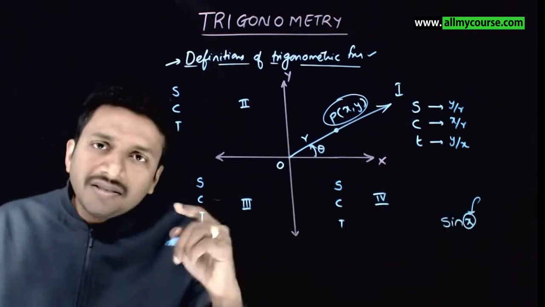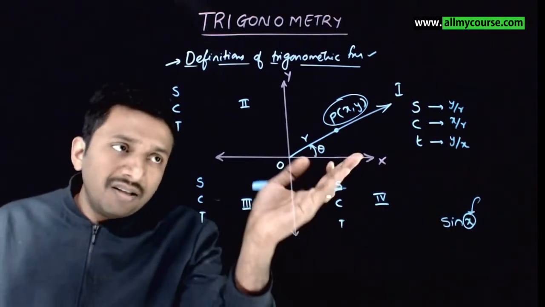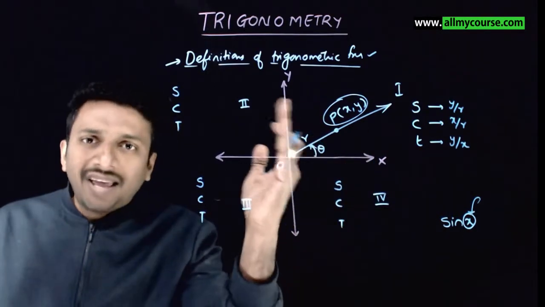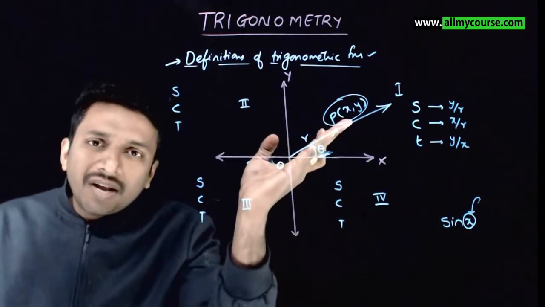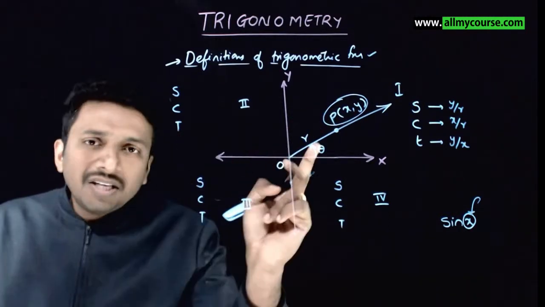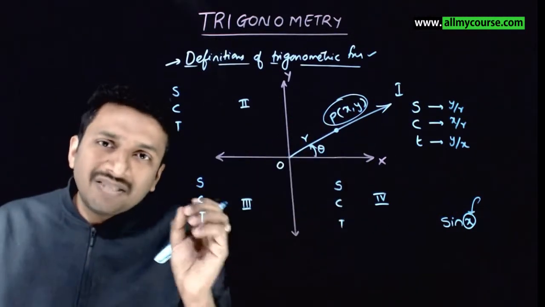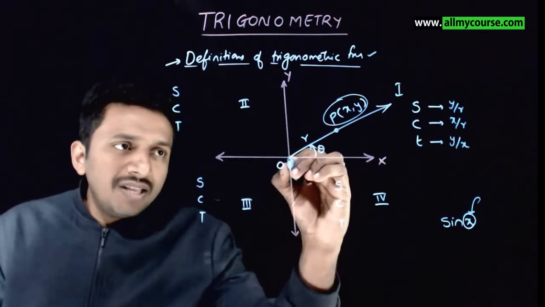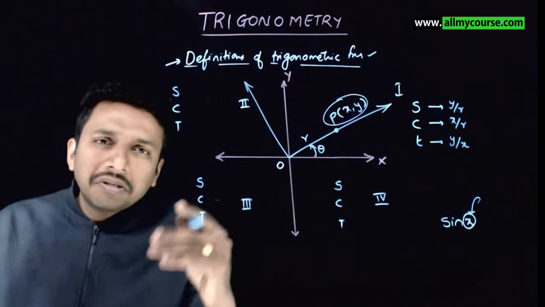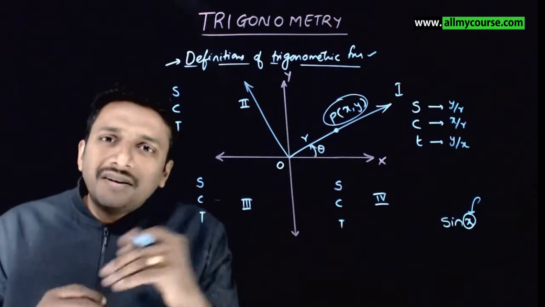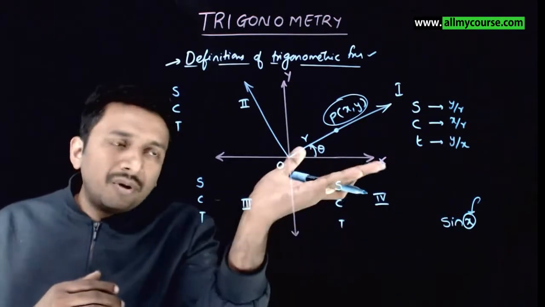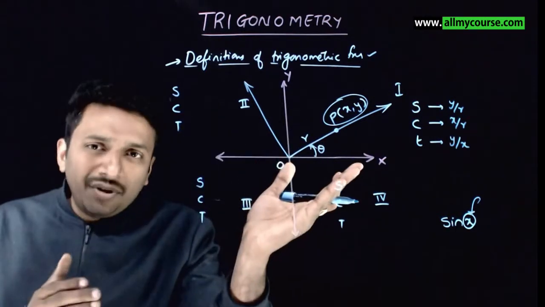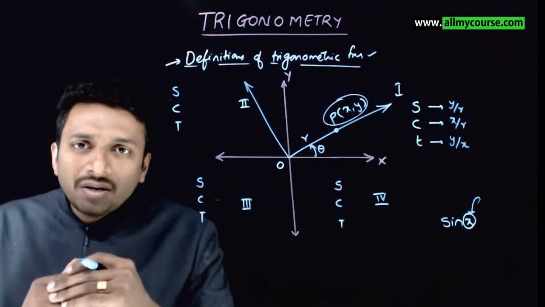You rotate the ray from the initial position through an angle of x, and wherever the ray stops, if the ray stops in the first quadrant, then we say that the angle is in the first quadrant. If x is something like 100 or 110 degrees, if you rotate the ray through 120 degrees, we know that the ray stops in the second quadrant.